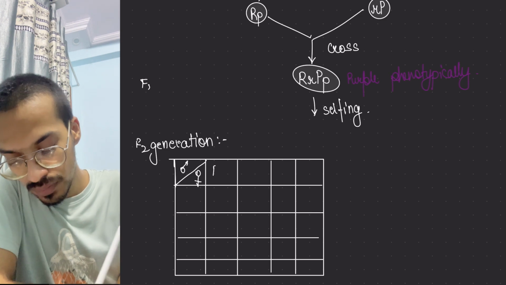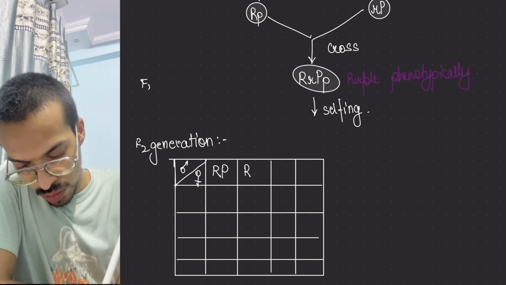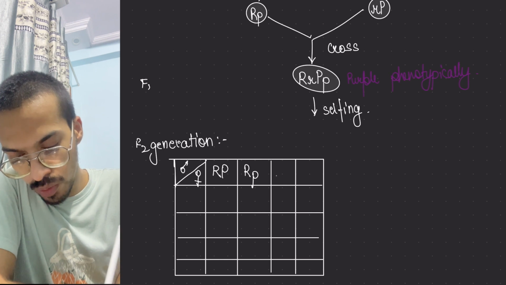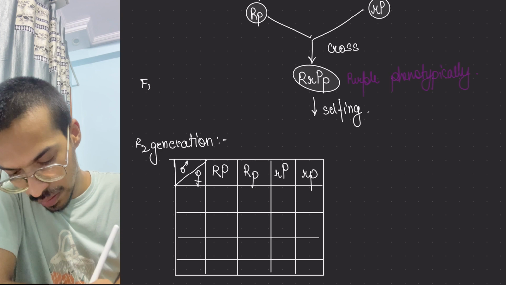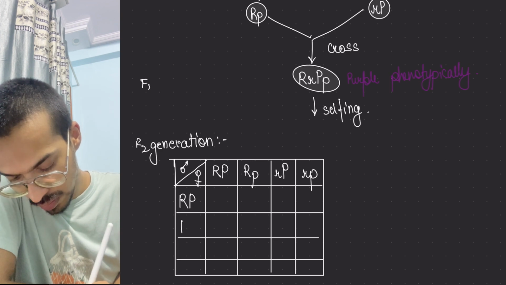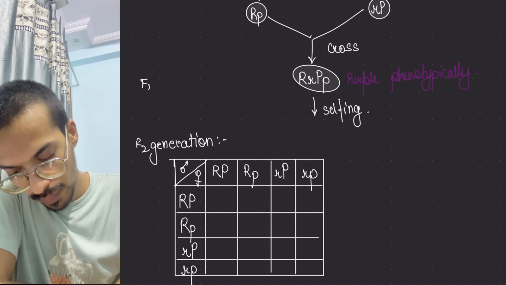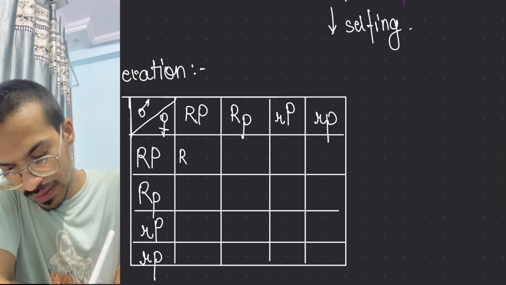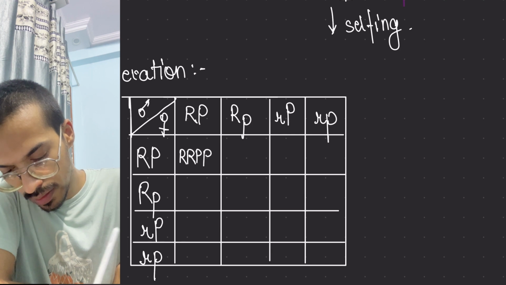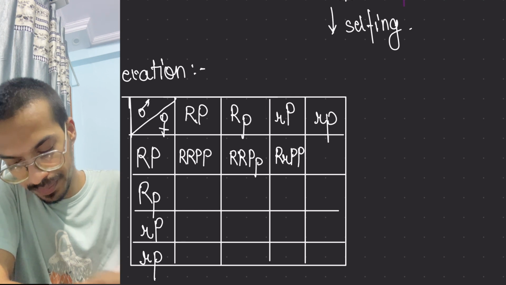Capital, capital and small, small and capital, small. So now what would be the final? This is how your whole cross would be. Practice as much as possible so that you have a better grip over it, because in your board exams these things will come.